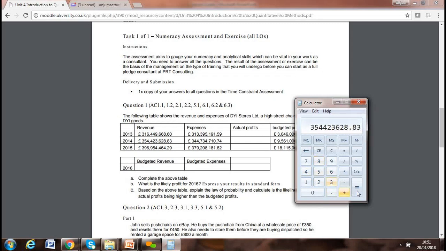So I have this figure, minus, and these figures include slightly bigger figures. So it is just a method of putting them right.